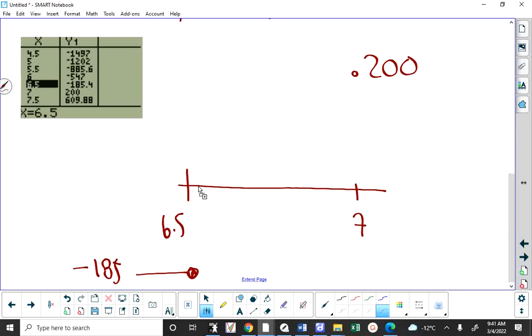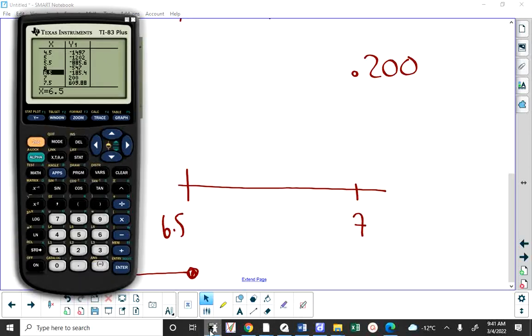If I don't go to that extreme of negative 185 to 200, then the line is probably going to appear vertical, or could appear vertical. So in my window settings, I'm going to go from 6.5 to 7, and from negative 200 to 200 is probably good.